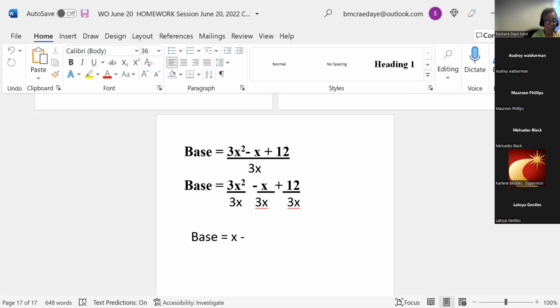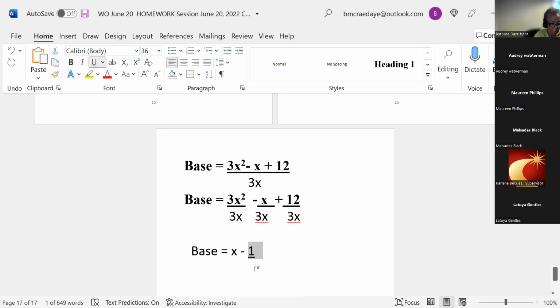X over x is 1, so you just get a negative 1 over 3, right? Yes, 1 over 3.